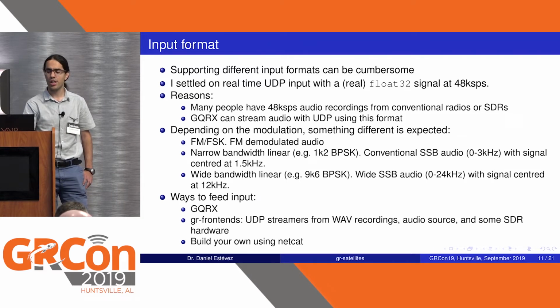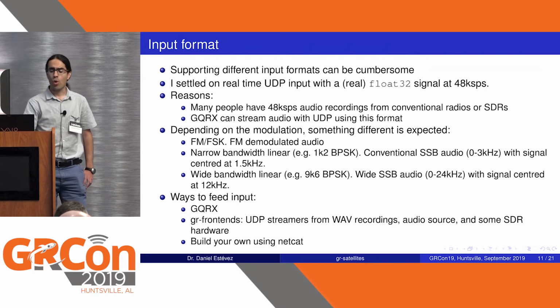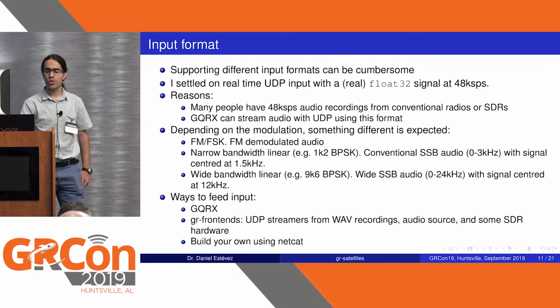So this is a single channel, floating point 32 bits at 48 kilohertz, so the usual audio sampling rate. The main reason for that was that GQRX, which is this popular SDR application, already has a feature to stream the audio using this very same format.